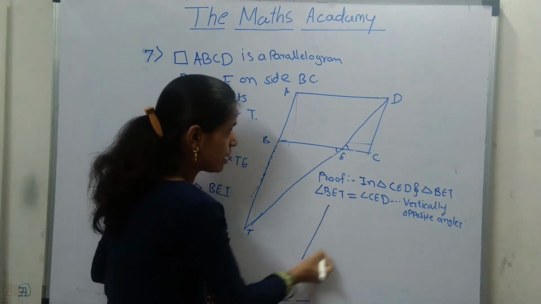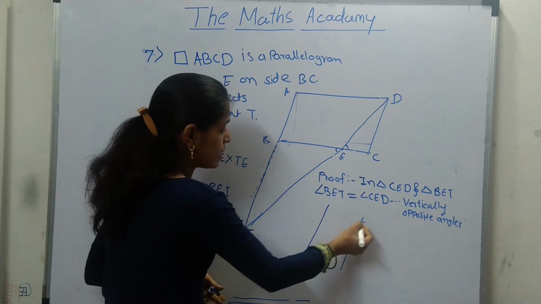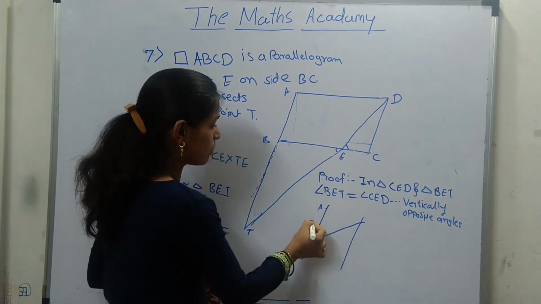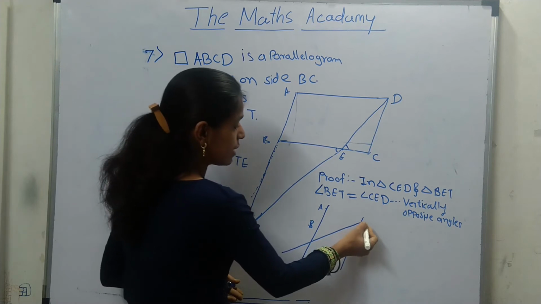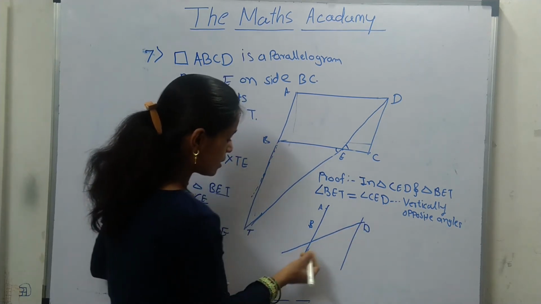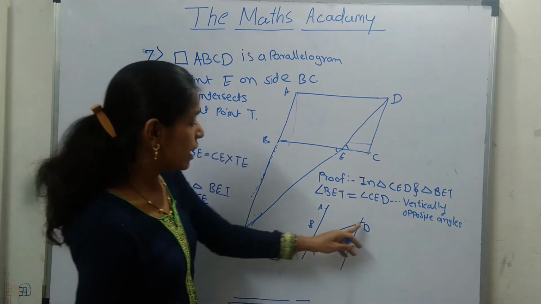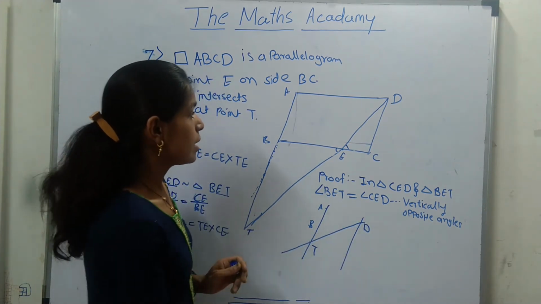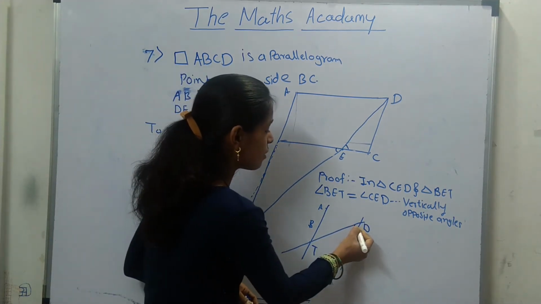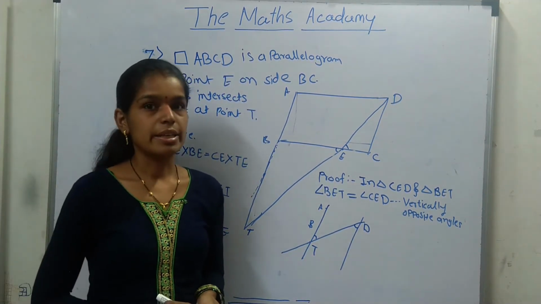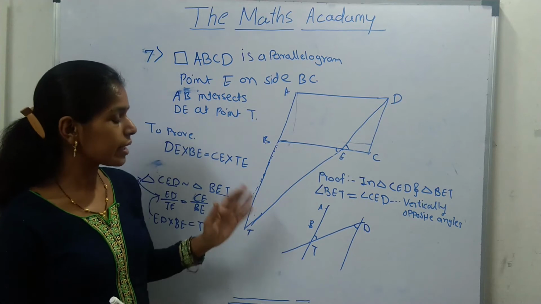This is AB, this is CD, and this is the transversal. Here is point A, here is point B, and here is point D, and somewhere here is the point T. Now if this is the transversal, then the angles from here and here are equal, by the property of alternate angle test.